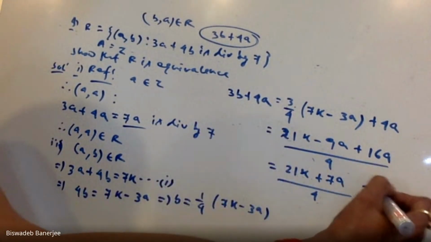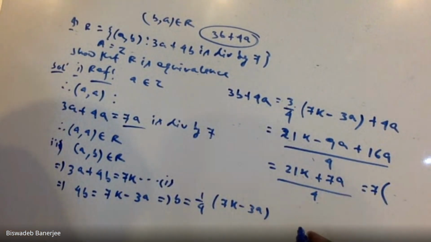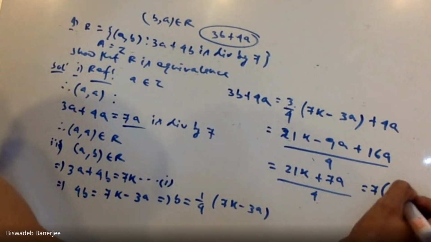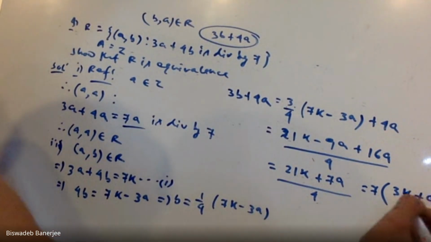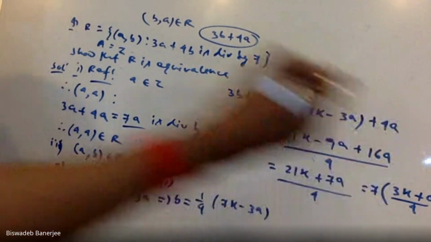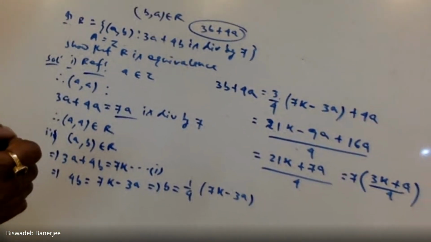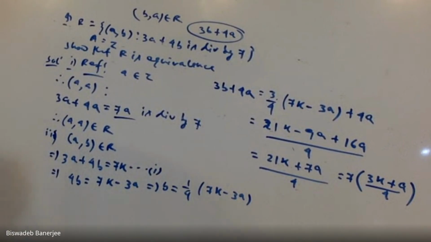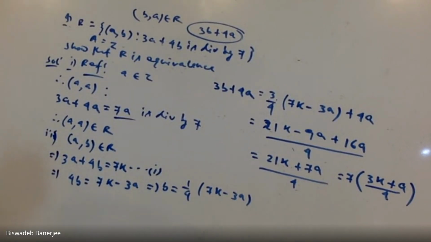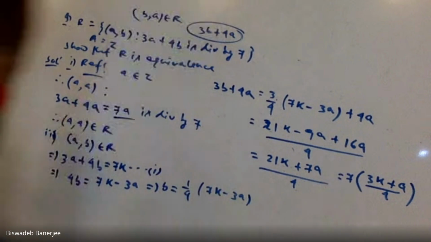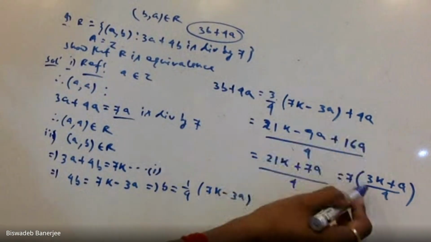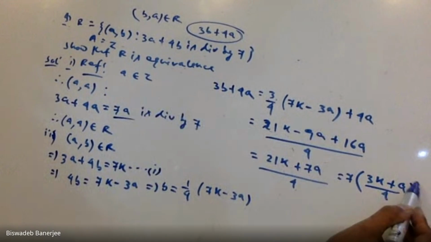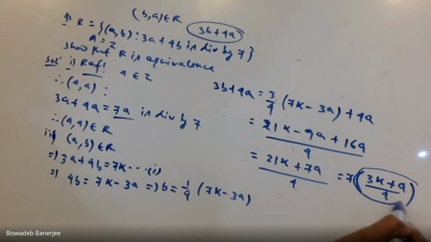If we take 7 common, it becomes 7 into (3k plus a) by 4. Simple calculation. See that it is a multiple of 7, but we have to ensure whether this is an integer or not.